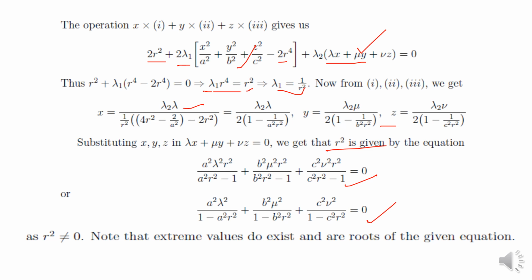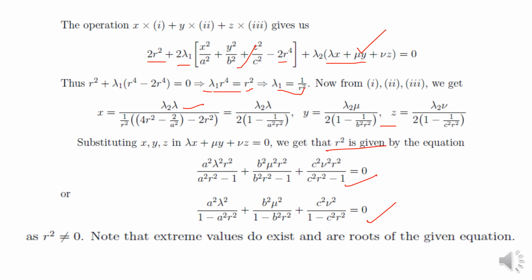Now we put this value of lambda 1 in the coefficient of dx, which we put as 0, and we get x minus x upon a square into 1 upon r square plus lambda into lambda 2 is equal to 0. From here we get x is equal to a square r square lambda lambda 2 upon 1 minus a square r square.